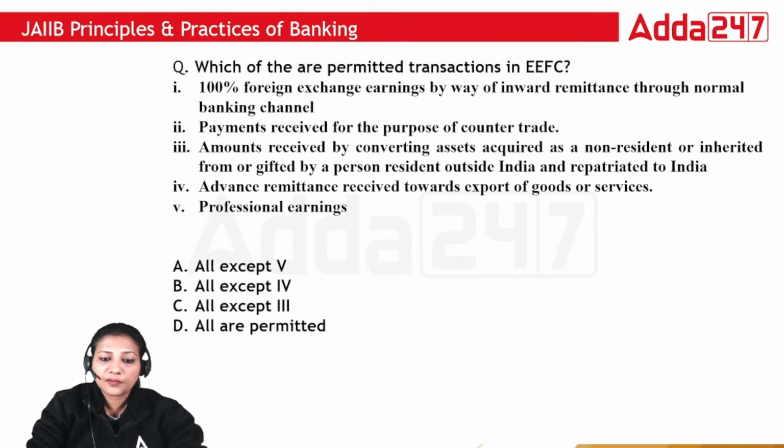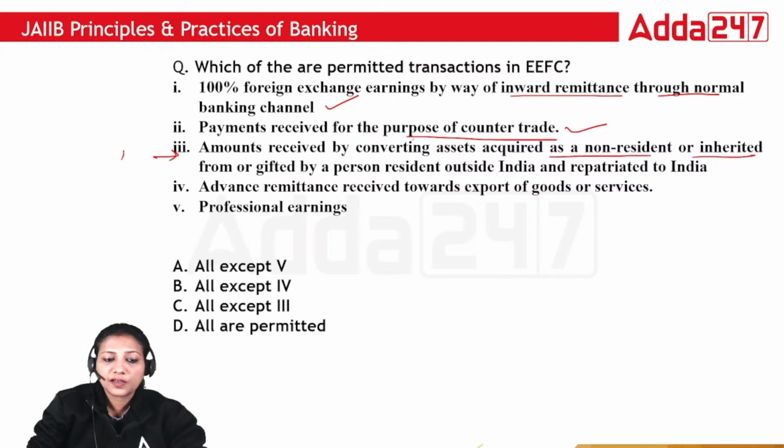So in these type of questions, we'll go one by one. 100% of foreign exchange earning by way of inward remittance through normal banking channel, this is allowed. Payment received for counter trade, import export, this is allowed. Amount received by converting asset acquired as a non-resident or inherited, this is for RFC account.